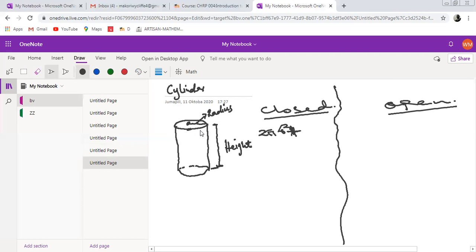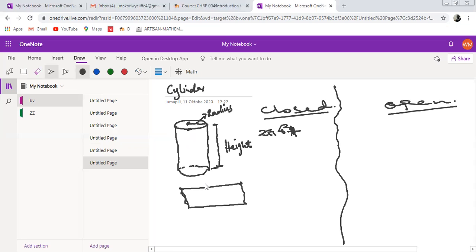The curved surface is obtained like this. If we remove the top and the bottom, then slice this particular curved surface and flatten it, we are going to have a figure like that. Remember, the distance from here to here is going to be the same as the circumference, because we slice it here and then unfold it.